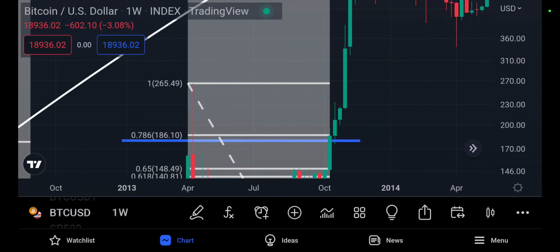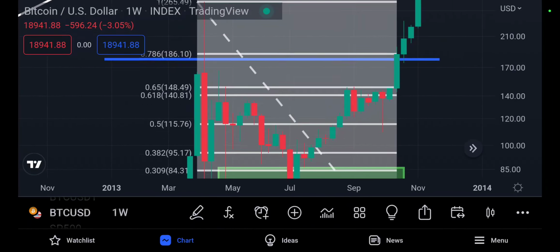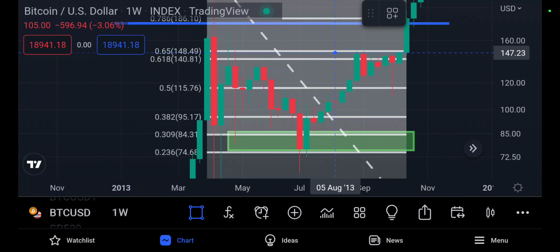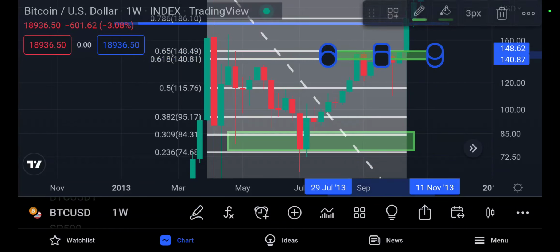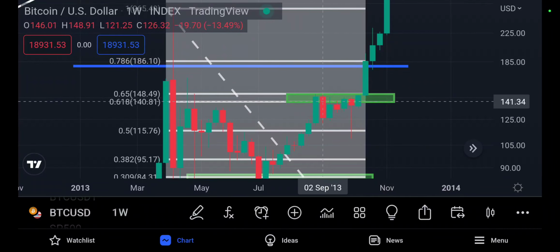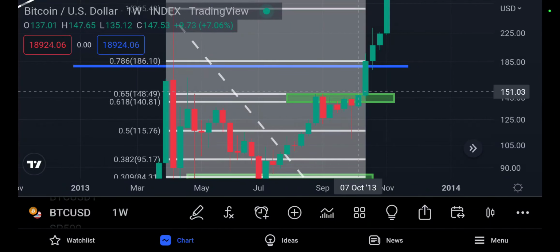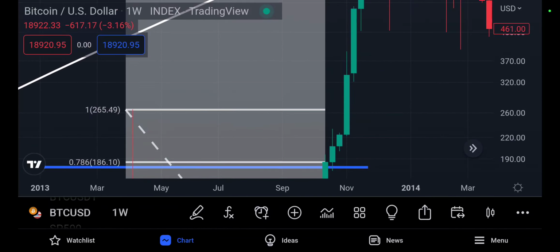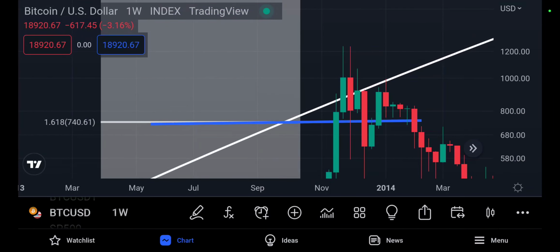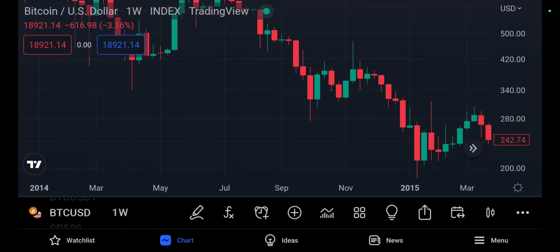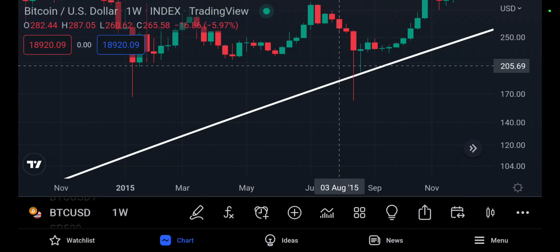So now, what we could also do is check out where the 0.618 fib is sitting at, and look and behold, right before another major increase, blast off until we hit the top of the trend, the white trend line, and then started to decline all the way to the bottom white.